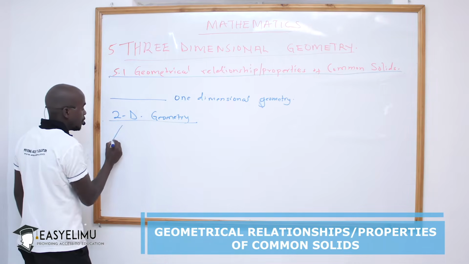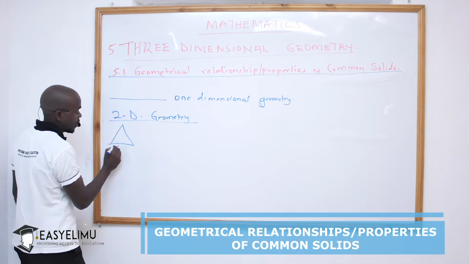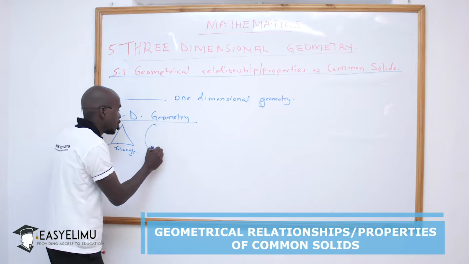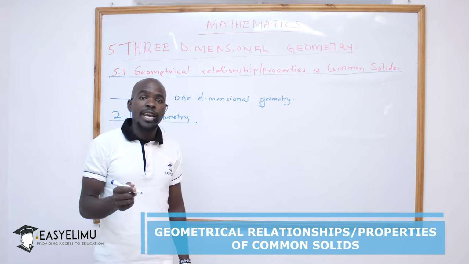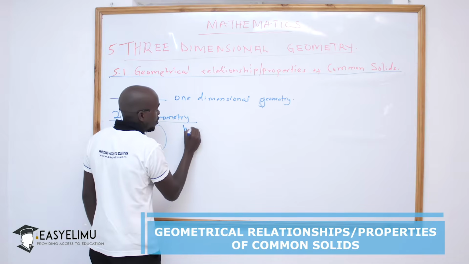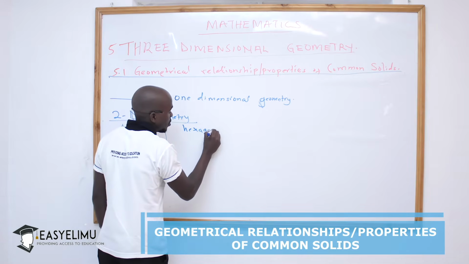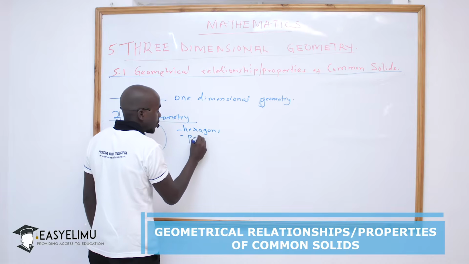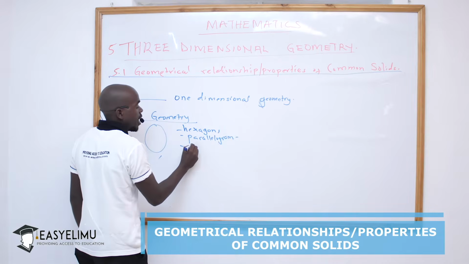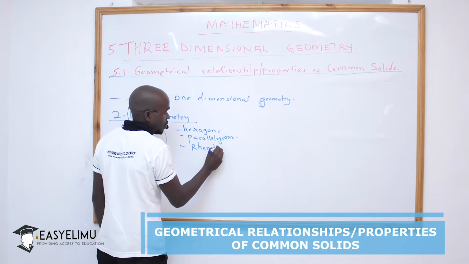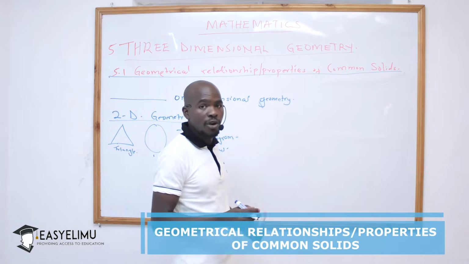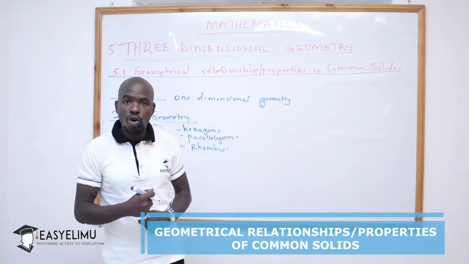triangles. This is a triangle. We also may have circles, where we can obtain area. We can have hexagons, parallelograms, and we may also have a rhombus, together with the others which you may encounter, where you can obtain an area only.